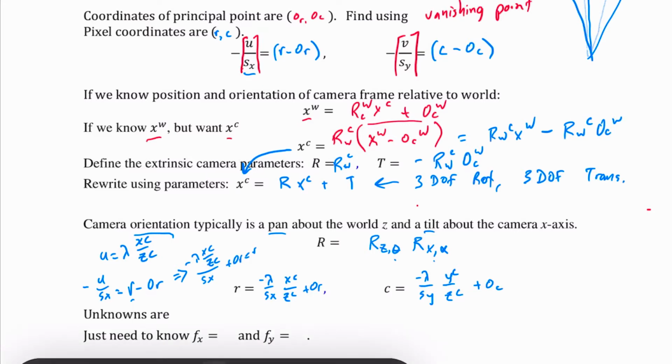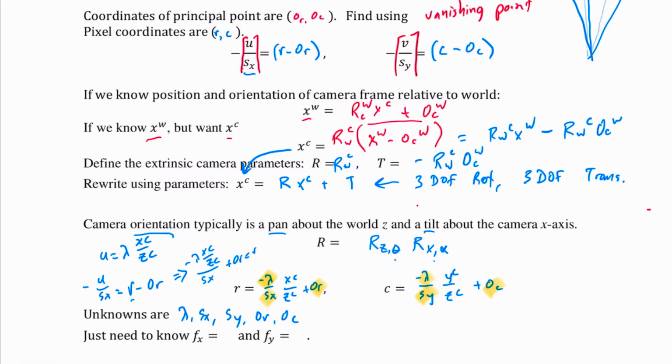Let's look at what our unknowns are. I don't know what my lambda is, or my SX. I don't know what my OR is, SY, or my OC. So those are my unknowns: lambda, SX, SY, OR, OC. Now we can simplify this a little bit because the only way that lambda enters in here is when it's divided by SX.